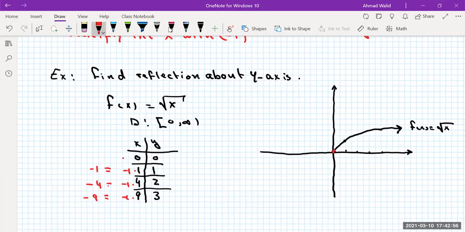Then 0, 0, -1, and 1, -4, and 2. That will be the reflection of this function, f of x equals square root of -x. That's the reflection. Correct?